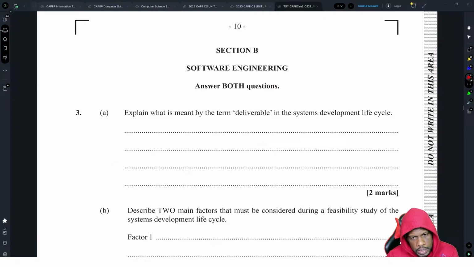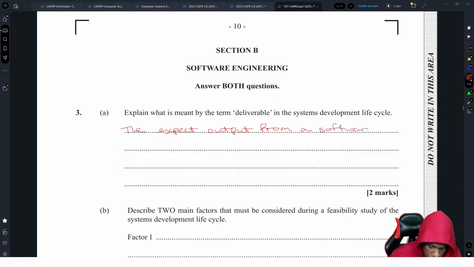A deliverable is the expected output from a software project, a software system, once completed.